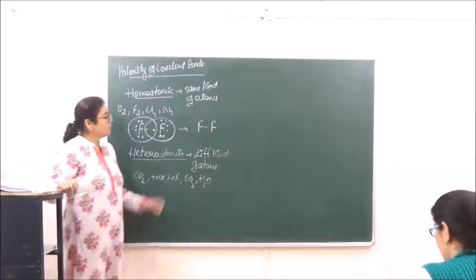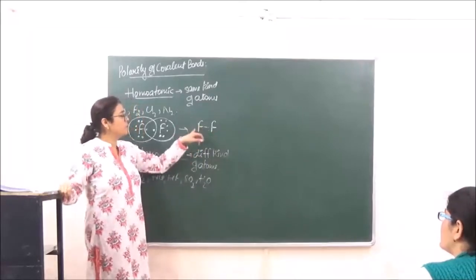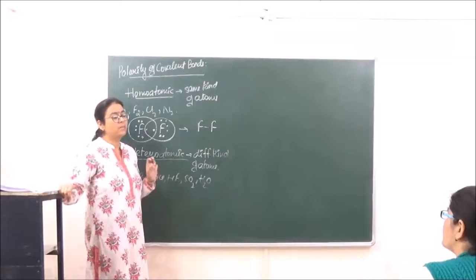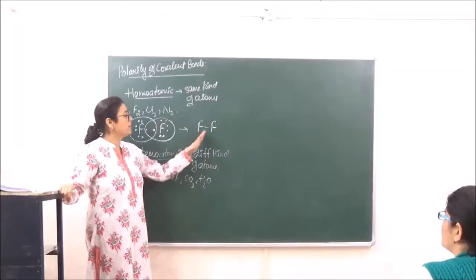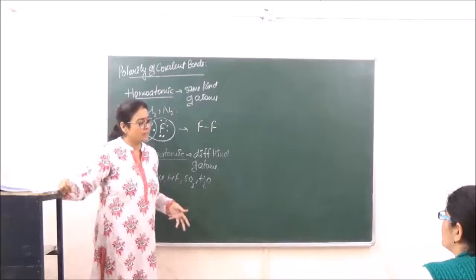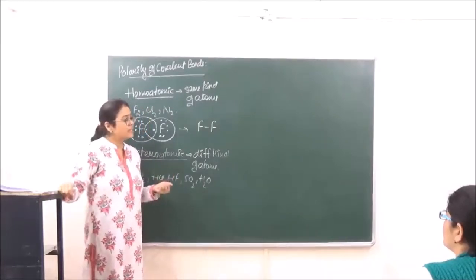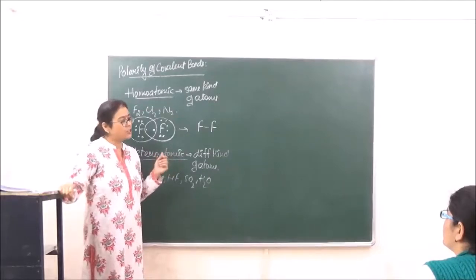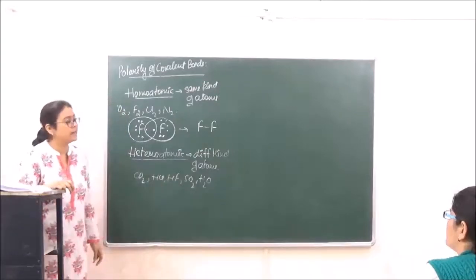Right? Now, when we are looking at homoatomic molecules, we say that the shared pair of electrons remains in the center. Why is it remaining in the center? Because fluorine and fluorine both are the same atoms. They have the same electronegativities, as a result of which they are equally going to attract the shared pair of electrons towards itself, as a result of which the shared pair remains in the center.